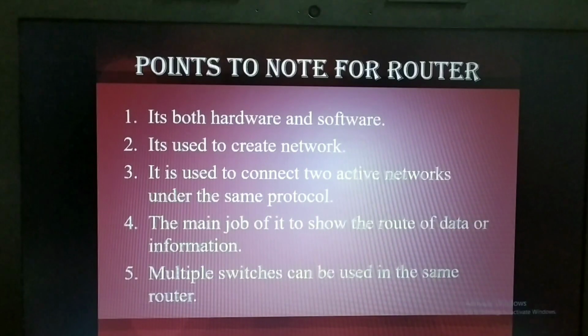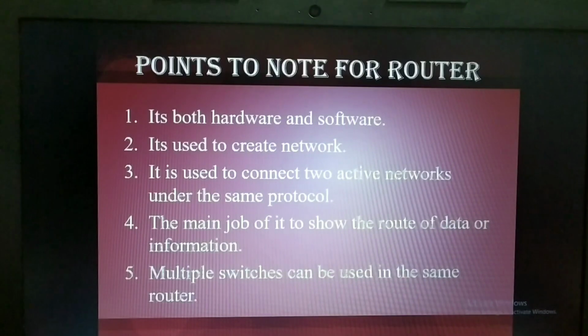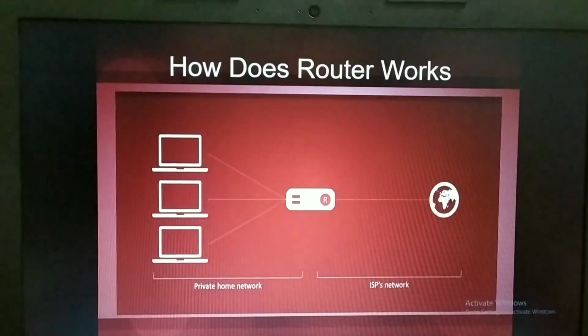Next one, it is used to connect two active networks under the same protocol. Suppose your protocol is the internet connection like FTP, HTTPS, and you have some sort of devices at your home. You have made a network by those devices. Again, all these devices are connecting with the router, which picture we have seen in the previous one.